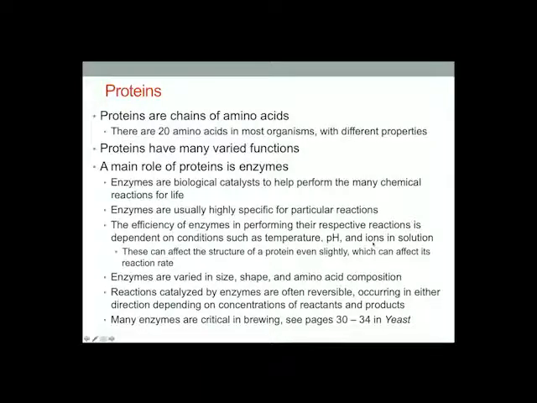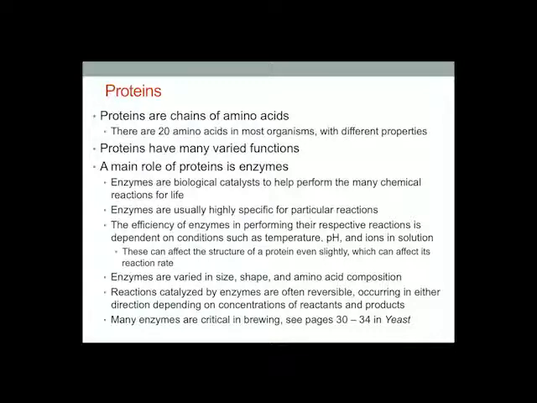And of course the pH is the hydrogen ions. These can be important for the exact structure of a protein. If they're off slightly from what that enzyme is adapted to, that can dramatically affect its reaction rate or make it not work. This large variety in shapes is what gives them their specificity.